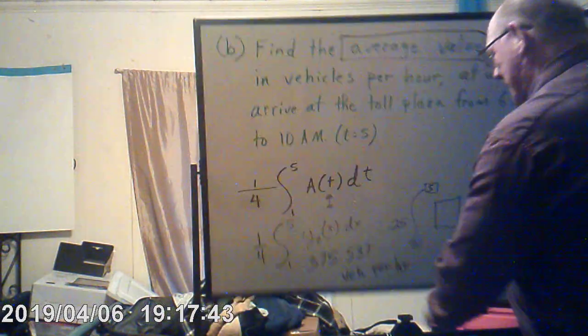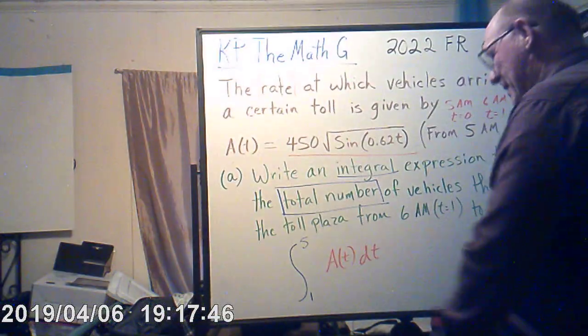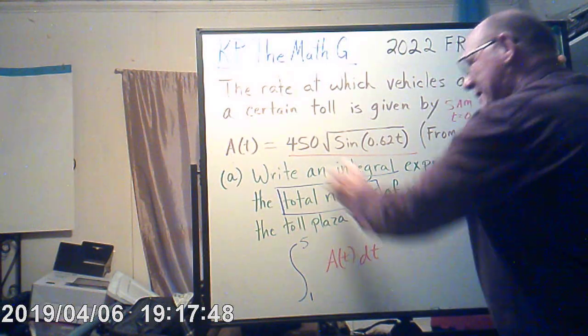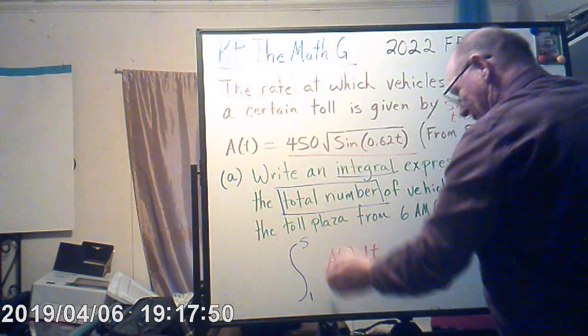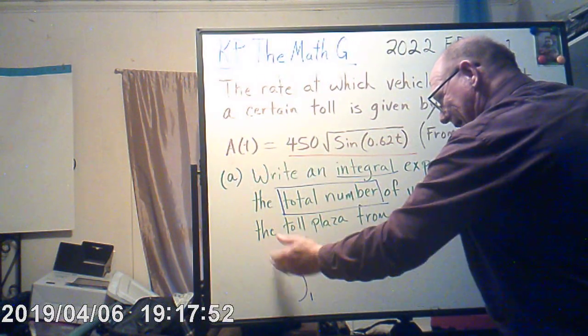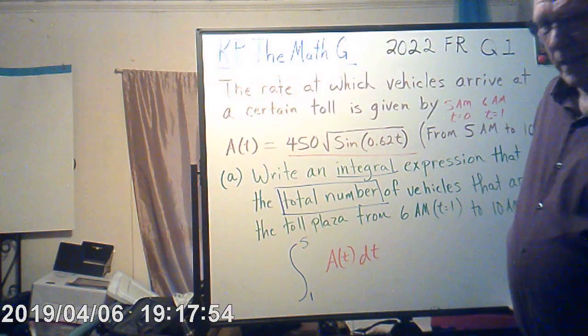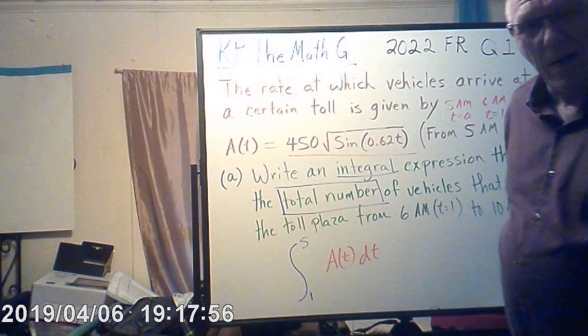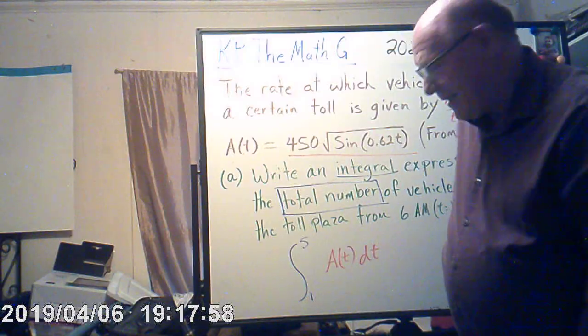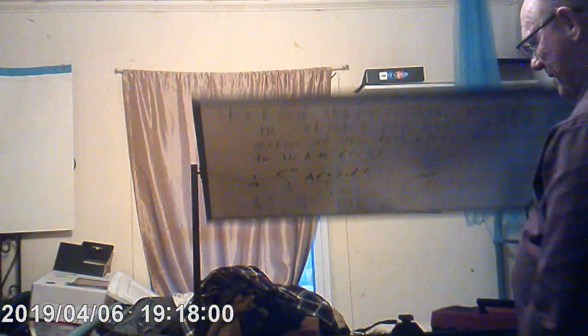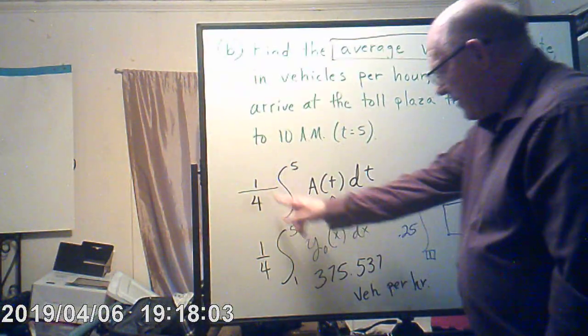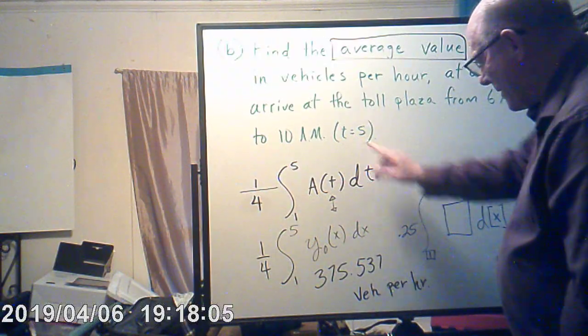The very first one, just by a quick review, is A at T dt. You already know what A at T is, so you can simply write that down. That is a quick answer to A. You don't have to spend a lot of time with A. Okay? B part, not much different. 1/4. If they see this, you're going to get a point.